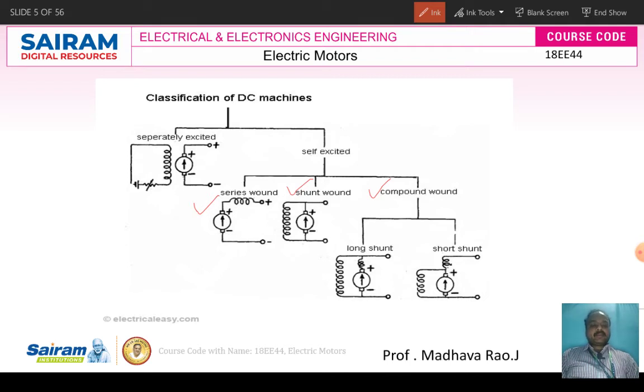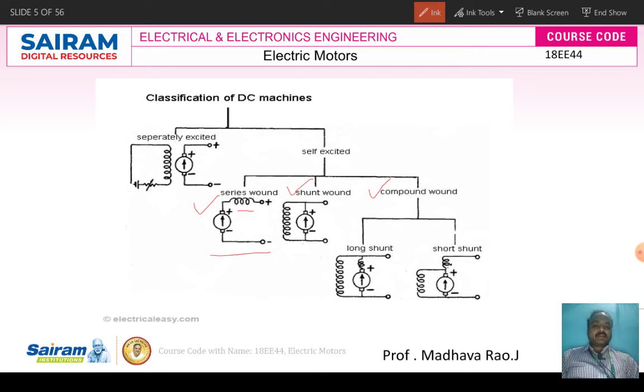These motors are known as series wound DC motors. We can see in this diagram the field winding is connected in series with the armature winding. That's why this type of motor is called a series wound DC motor.